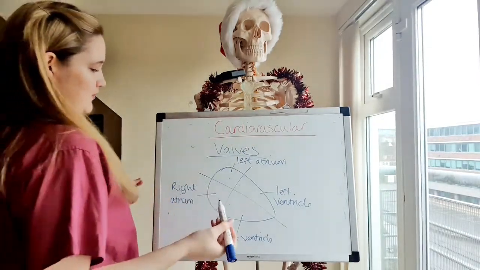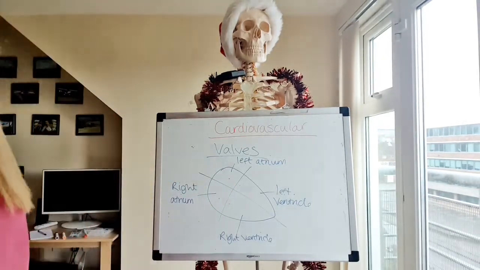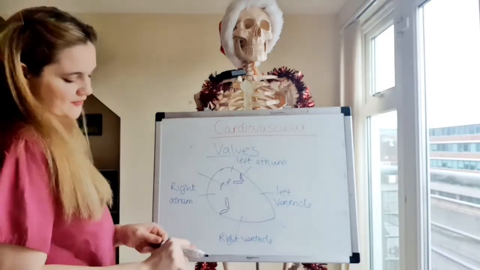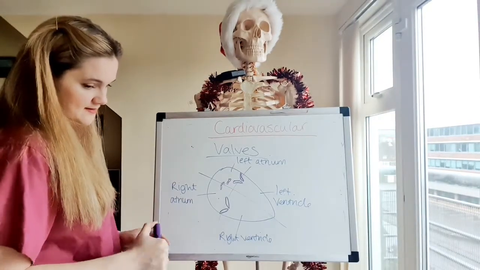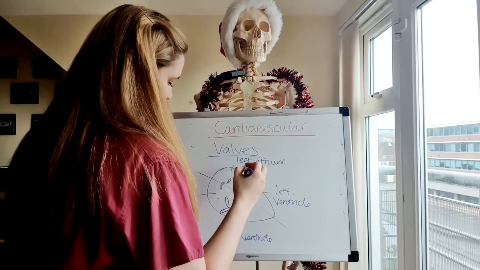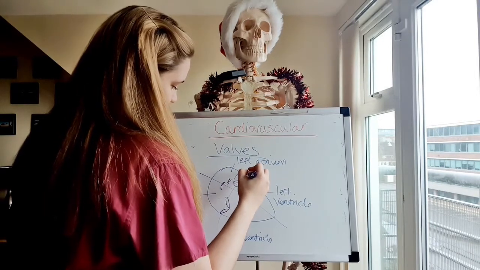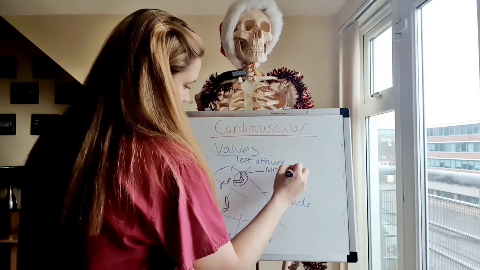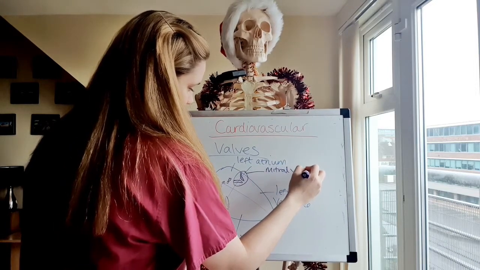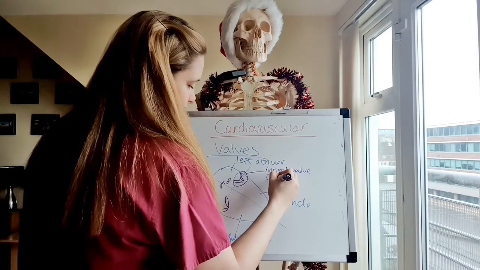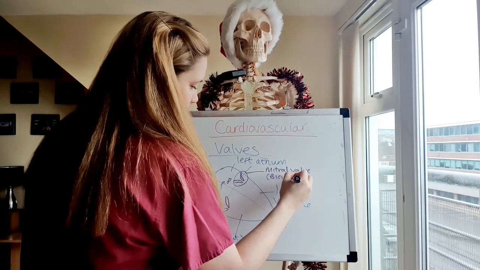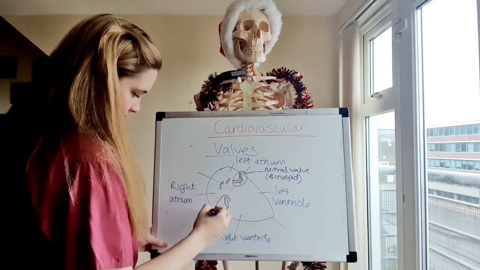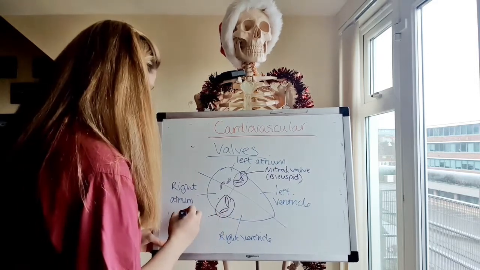So let's have a look at our valves. Over on the left side of the heart, we've got the mitral valve, also known as the bicuspid. On the right side, we've got the tricuspid valve.